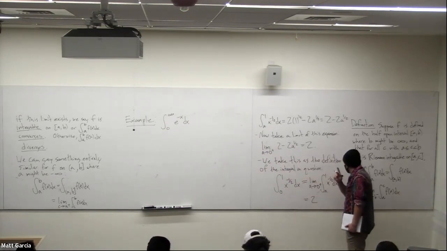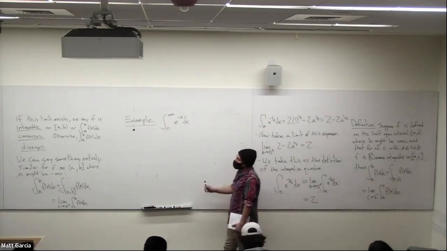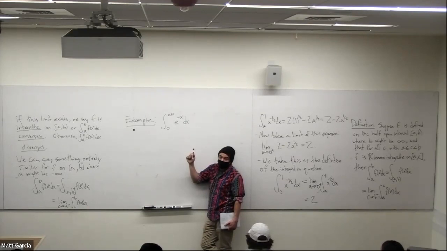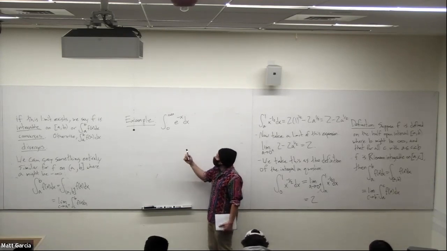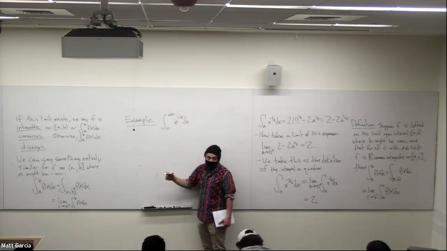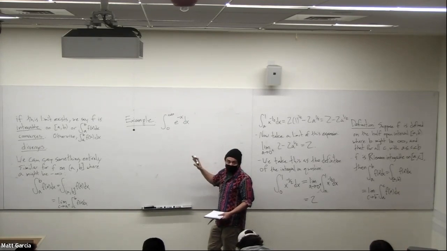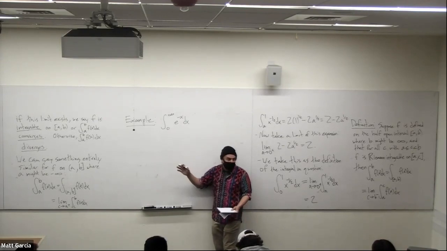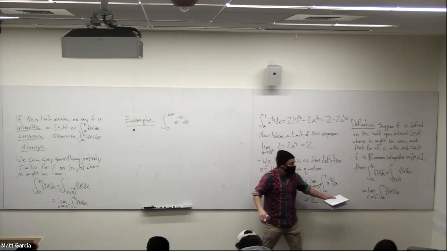Well, firstly, let's note that for every positive real number b, e to the negative x is integrable from 0 up to b, right? It's Riemann integrable. So it satisfies the hypotheses of our definition, right? We can attempt to take this limit.